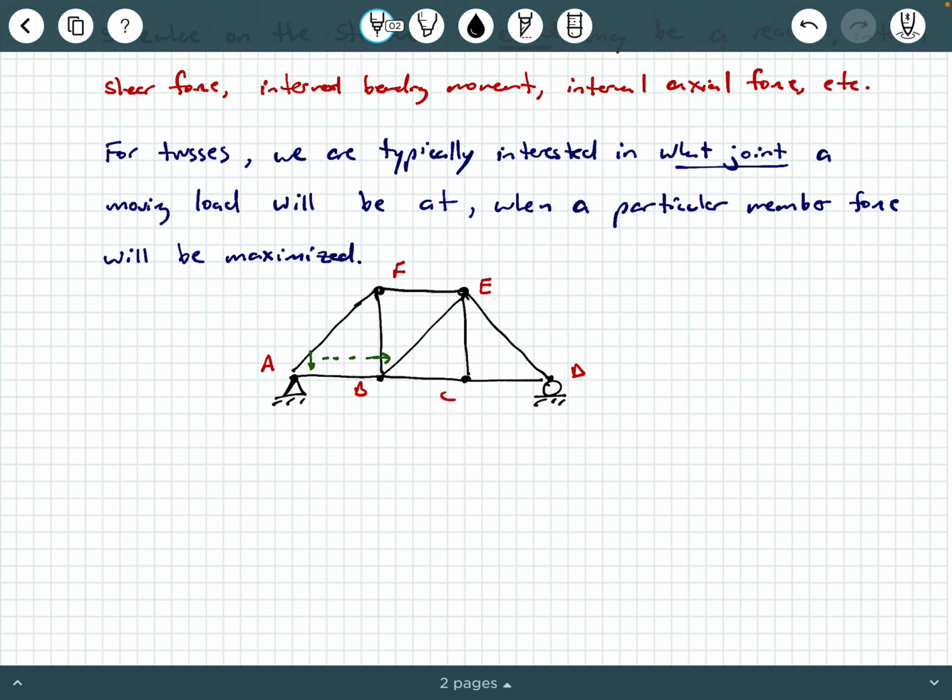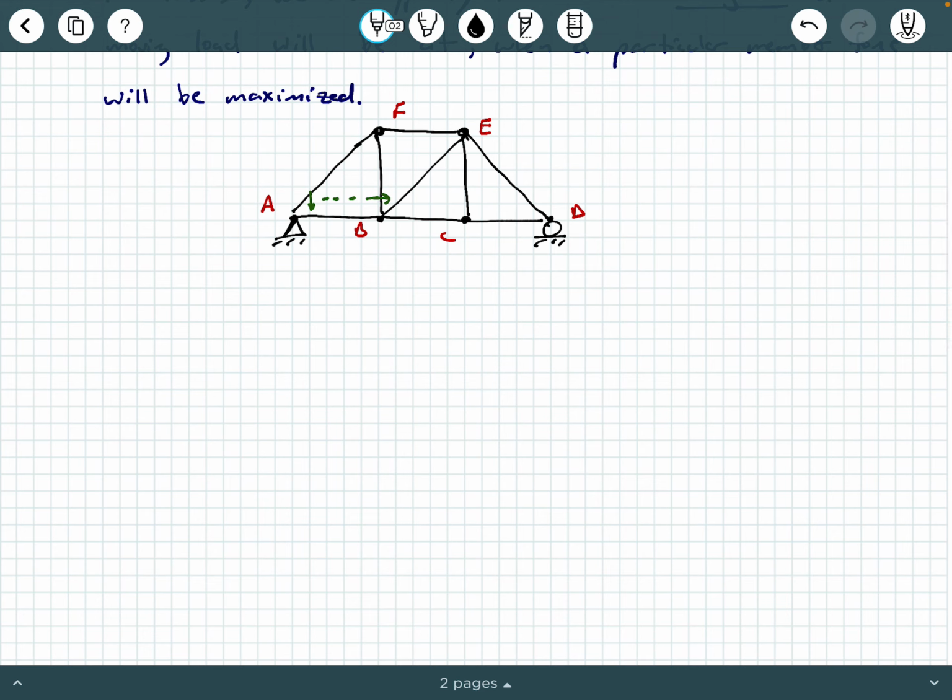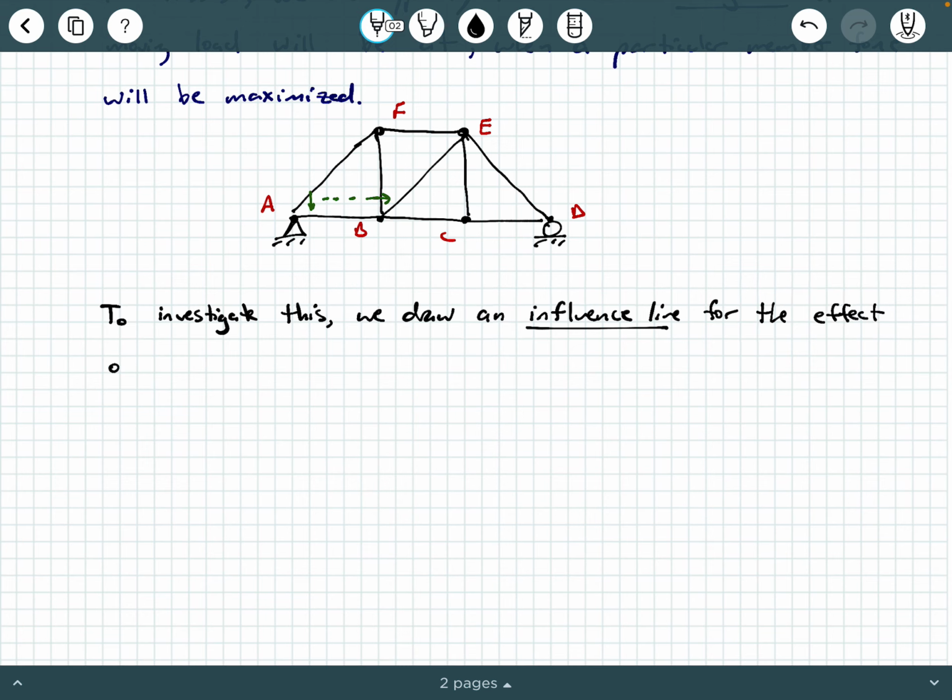Okay, so in order to investigate this, what we do is we draw what's called an influence line for the effect of interest.